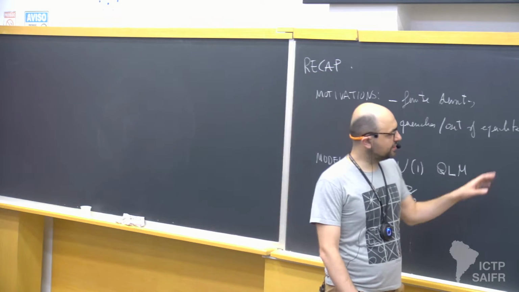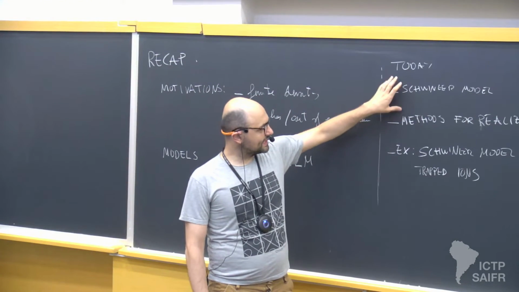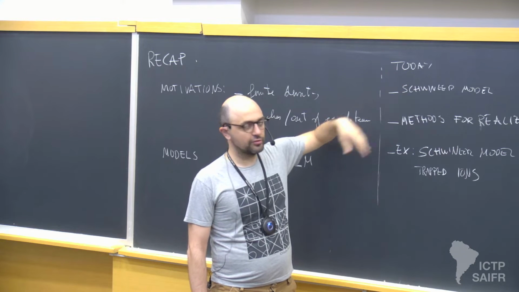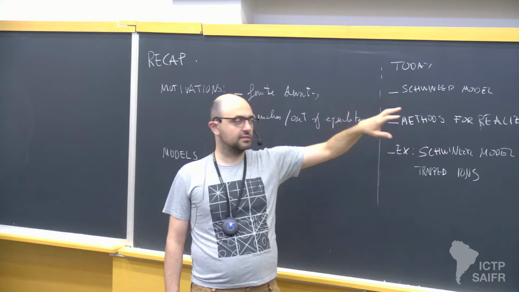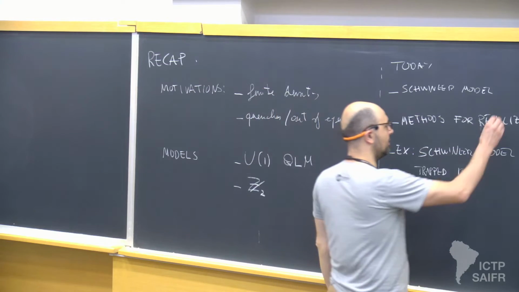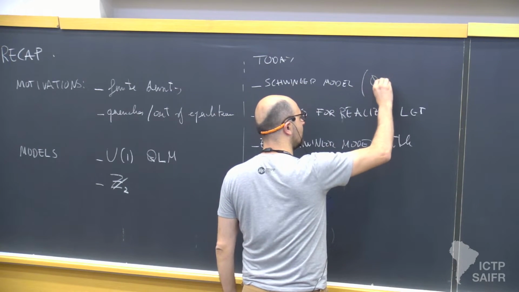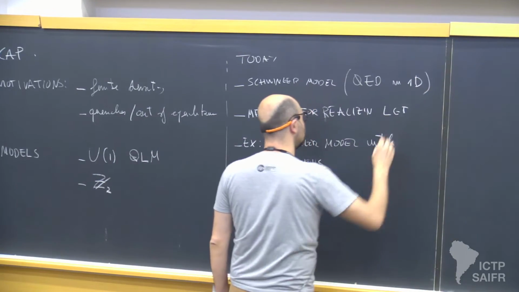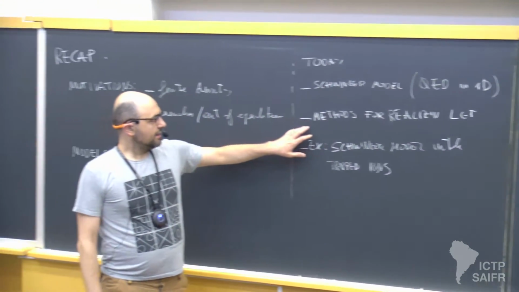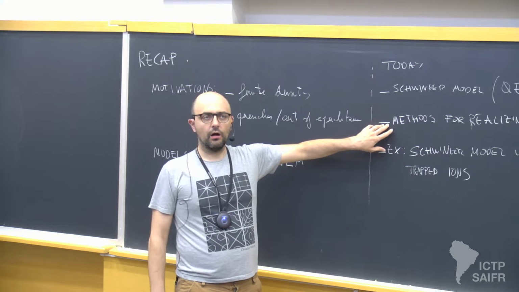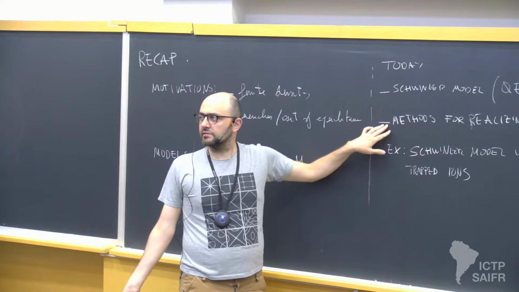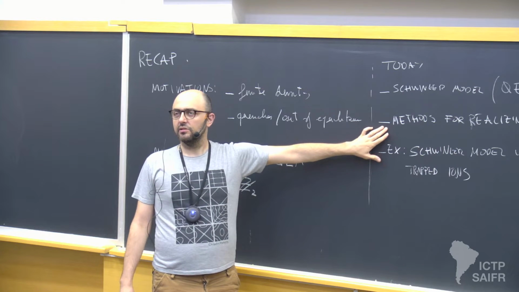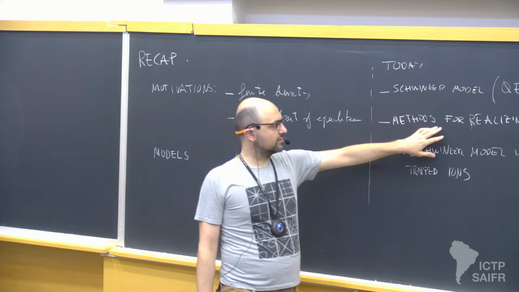Today, we will introduce yet another model, which is more motivated from the point of view of introducing fermions in the dynamics. It's called the Schwinger model. The Schwinger model is equivalent to quantum electrodynamics in one spatial dimension. Then we will have a review of the methods that people have developed in these last 10 years to realize gauge theories in quantum simulation and quantum computers.